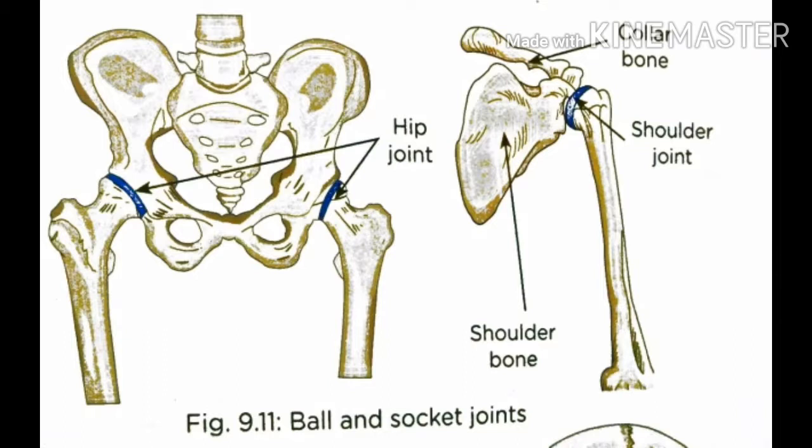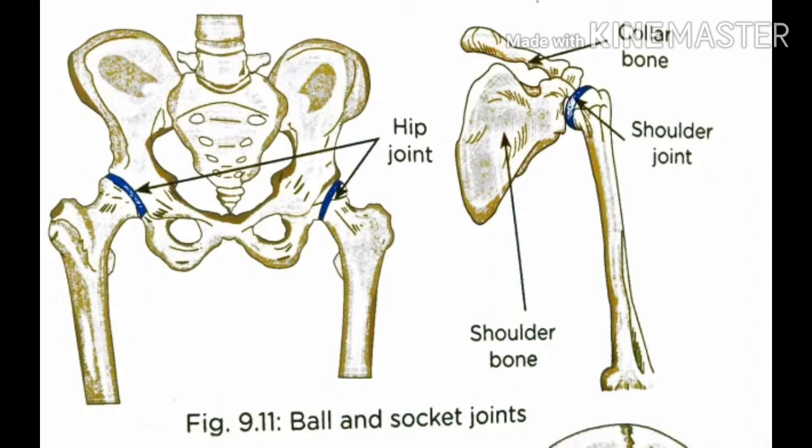The range of movement of this type of joint is 360 degrees, so we can move in all directions. These joints are present in the shoulders and hip. It's the best example for freely movable joints.